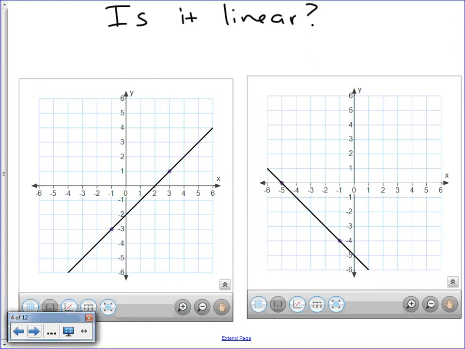It's really easy to see on these computer-generated graphs. Notice that the first one here keeps a nice straight line all the way through. That one is a linear function. The next one also keeps a nice straight line, and that one is a linear function as well.